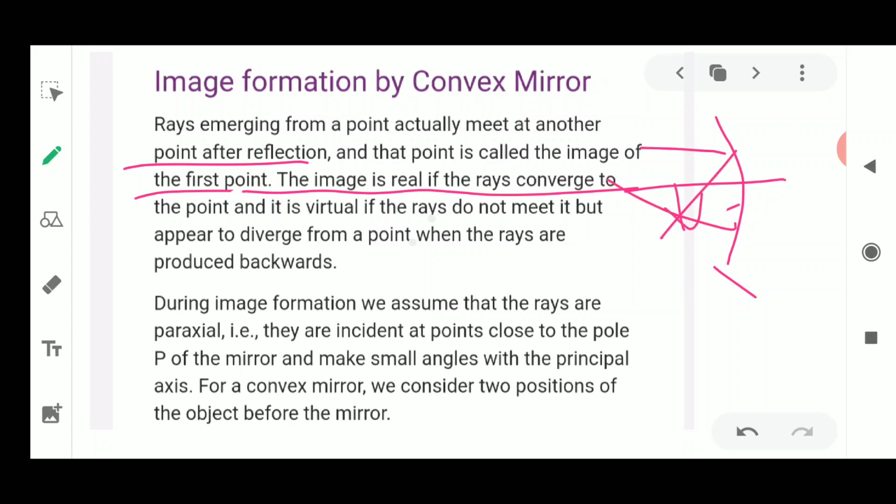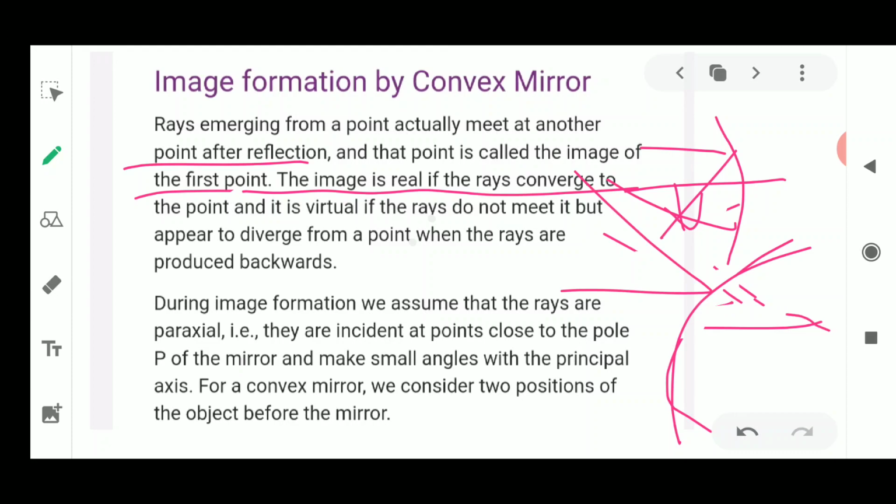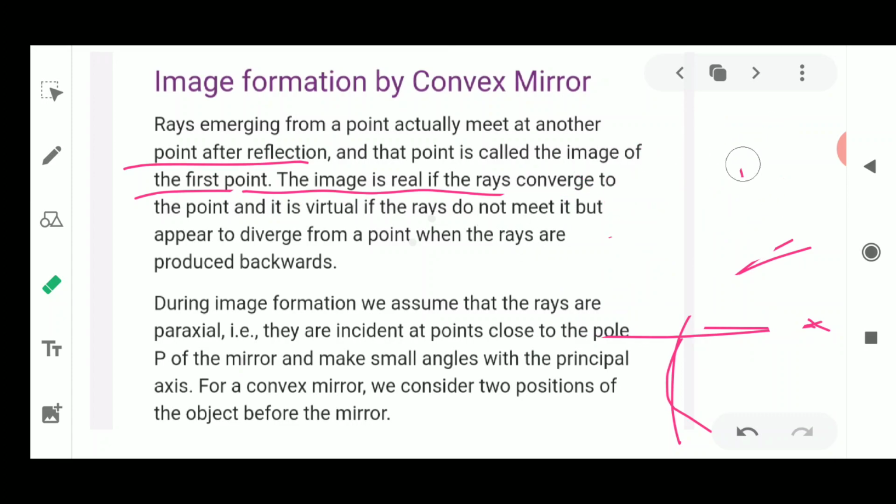But in the case of a convex mirror, what will happen? All the light rays are going to diverge. Whenever the light rays diverge, they appear to come from the focus, or from the center of curvature.